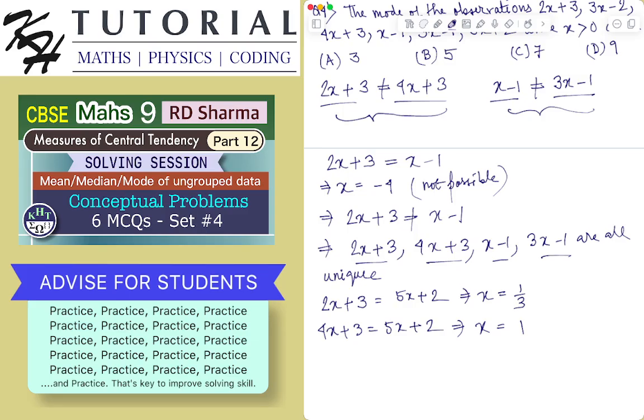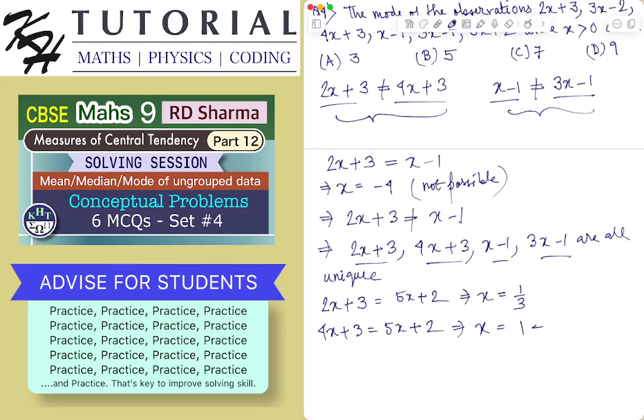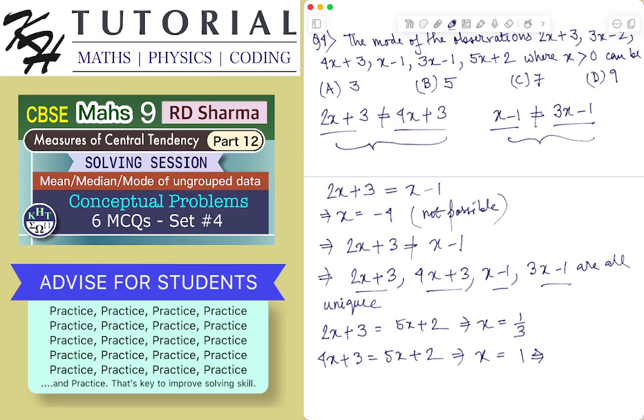So this implies 4x plus 3 will be equal to 5x plus 2 will be equal to 7, and there is 7 in one of the given choices.